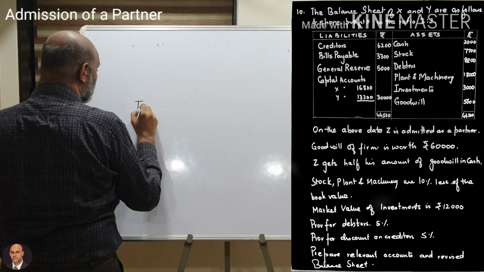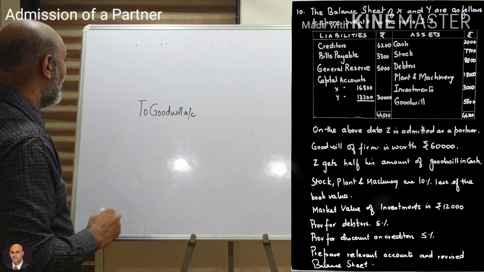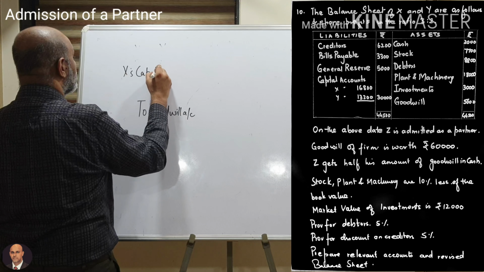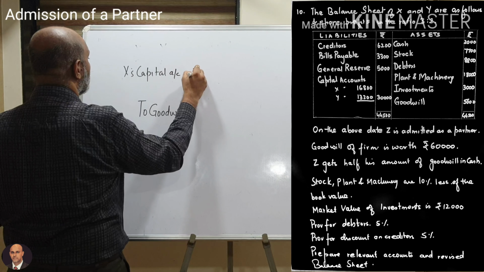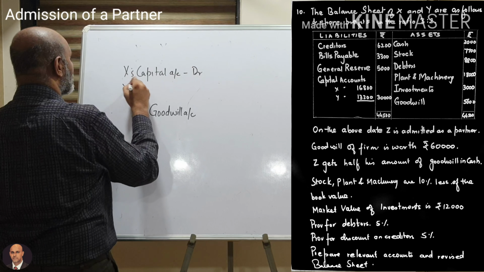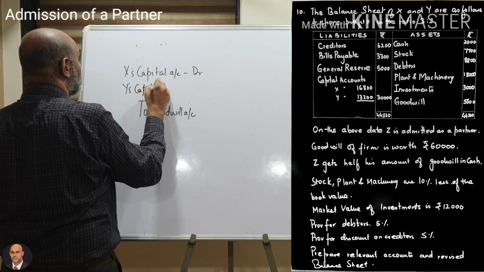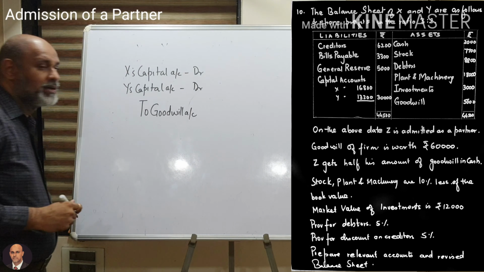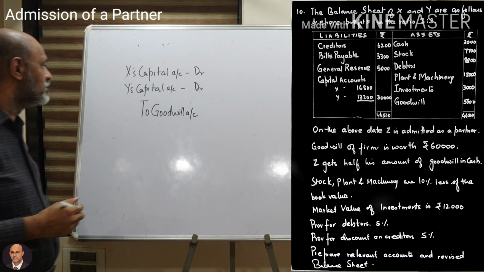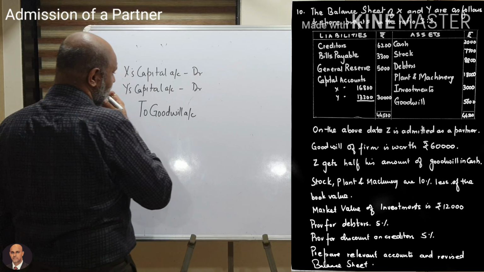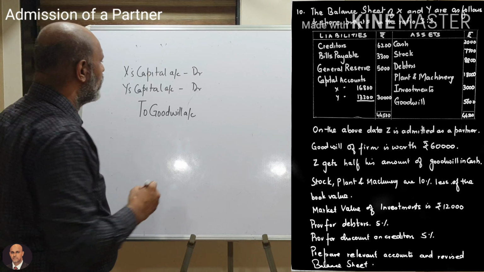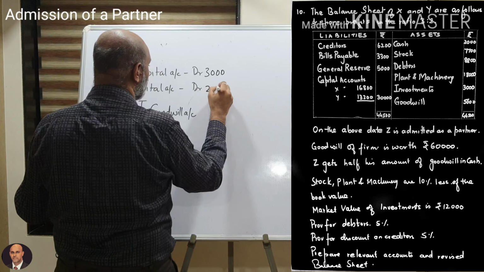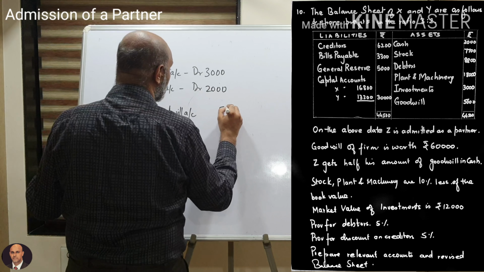Now we are distributing it, it becomes credit, and X's capital account is debit and Y's capital account is debit. The old partners' capital in the old ratio is debited. So this leaves us with 3,000 to X and 2,000 to Y, and the goodwill amount is 5,000.